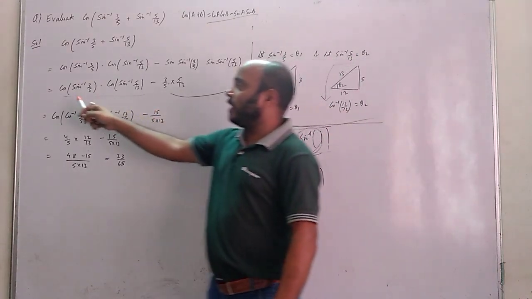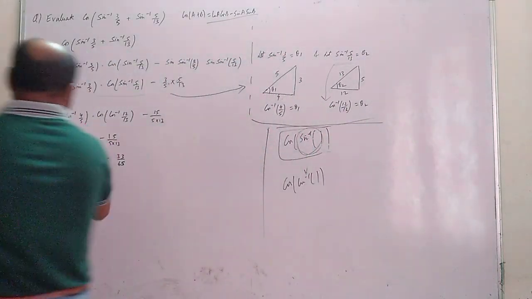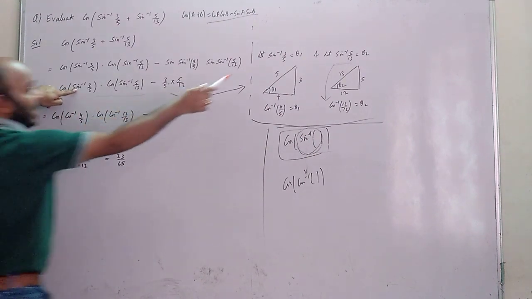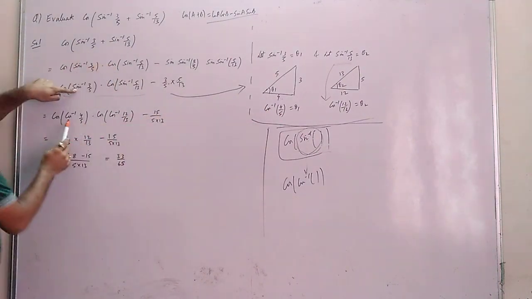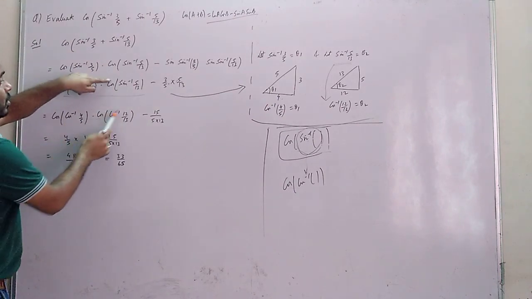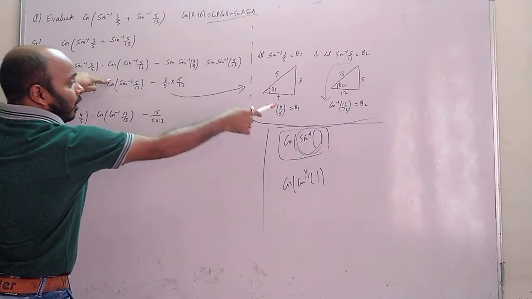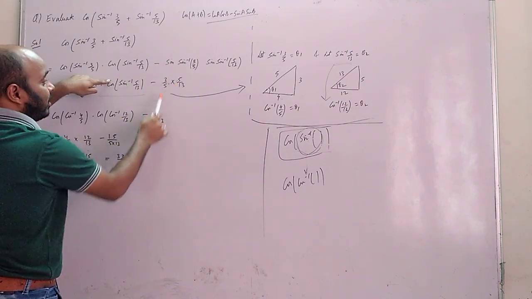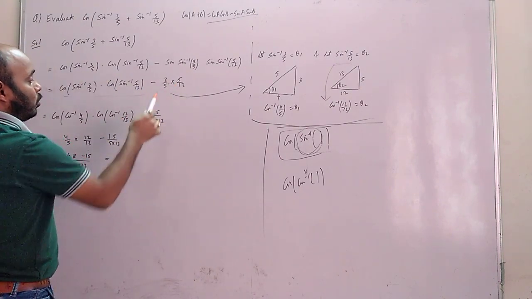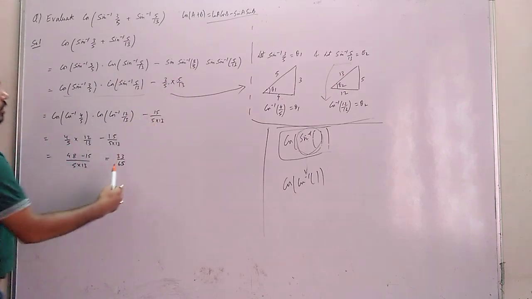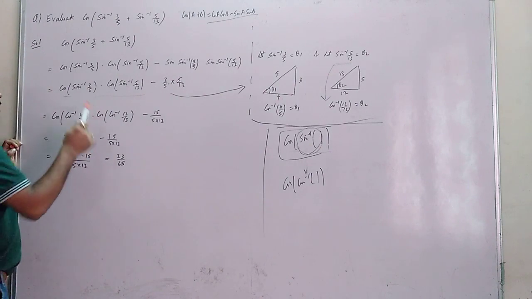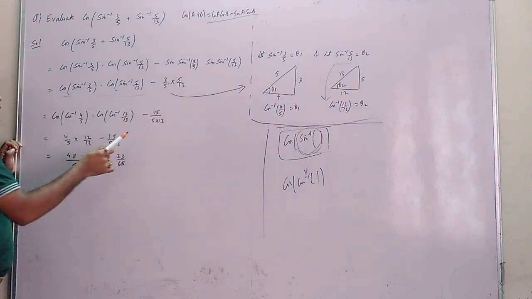So now see, I am writing the same line here again. Cos, in the place of sine inverse 3 by 5, what did I get? Cos inverse 4 by 5. Written. Into cos, again sine inverse 5 by 13, what did I get? Cos inverse 12 by 13. Minus 3 by 5, 5 by 13. Keep it like this. Don't cancel the 5s, because the LCM here and here will be the same, so it is easy.